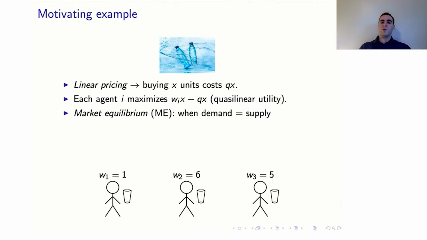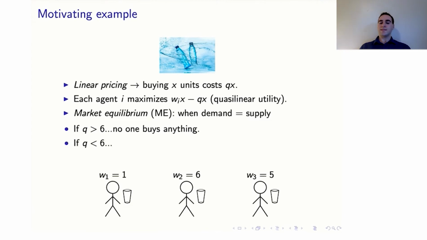Market equilibrium is when the demand, what the agents want to buy, exactly equals the supply. So what happens if we set the price Q to be larger than 6? If this was an in-person talk, this is where I would turn it to the audience. But since there is no audience right now, I will just tell you. So if Q is greater than 6, no one's going to buy anything because no one is willing to pay that much.